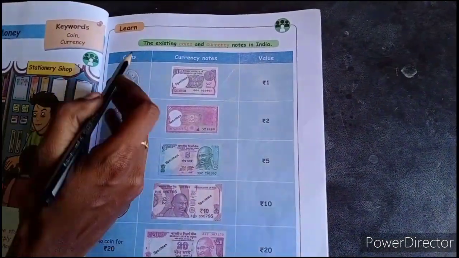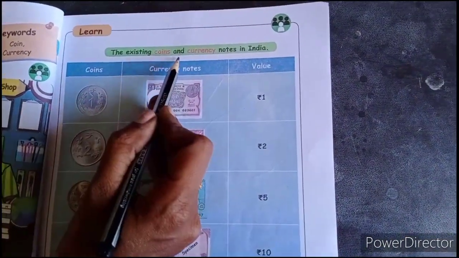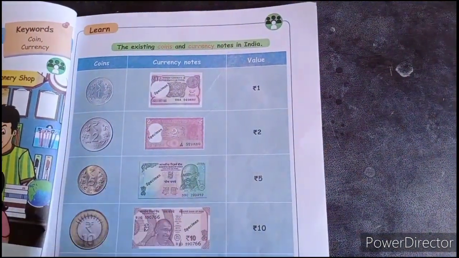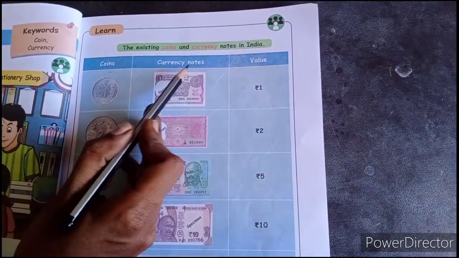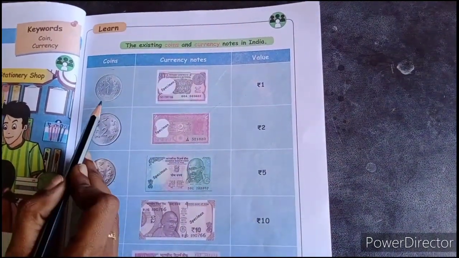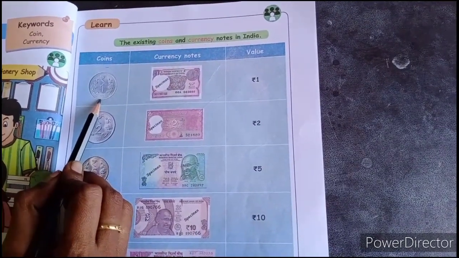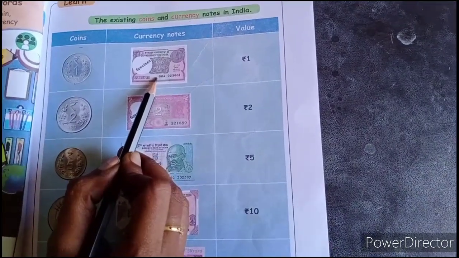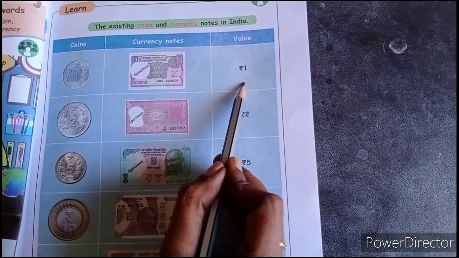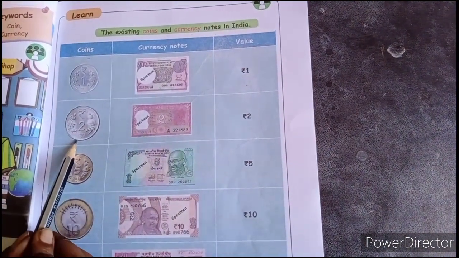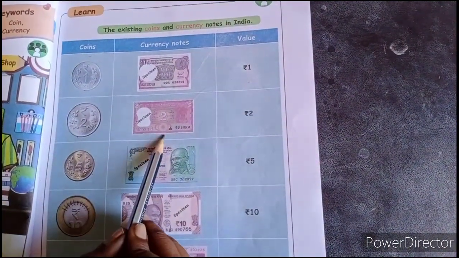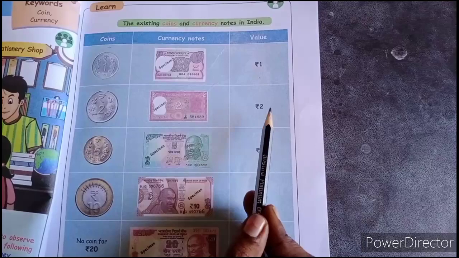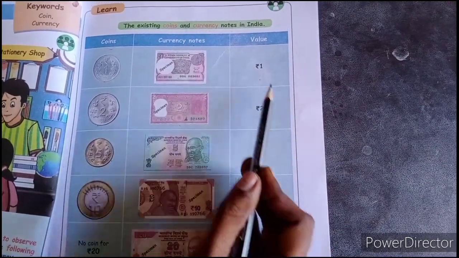Next, the existing coins and currency notes in India. See here, children, these are the coins and currency notes. 1 rupee coin, 1 rupee currency note, value 1. 2 rupee coin, 2 rupee currency note, value 2.